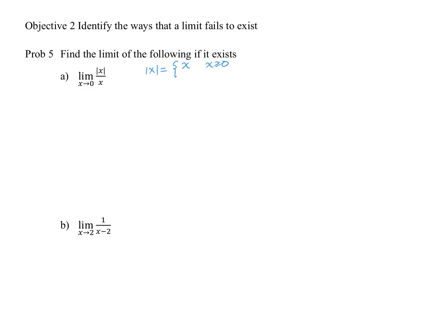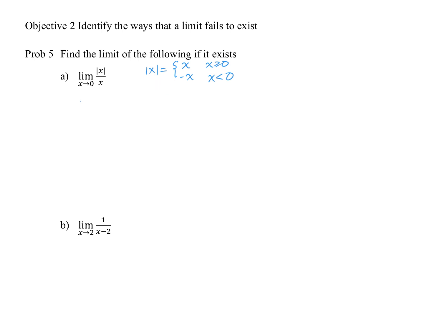When the value is non-negative, you simply drop the absolute value sign. When x is negative, to guarantee that the result after the absolute value is non-negative, you have to add the negative sign. A negative of a negative value is guaranteed to be positive. This is how we drop the absolute value symbol.